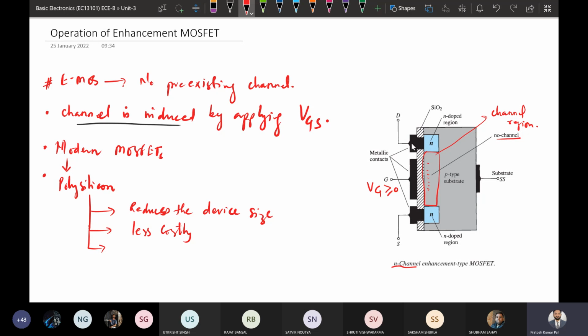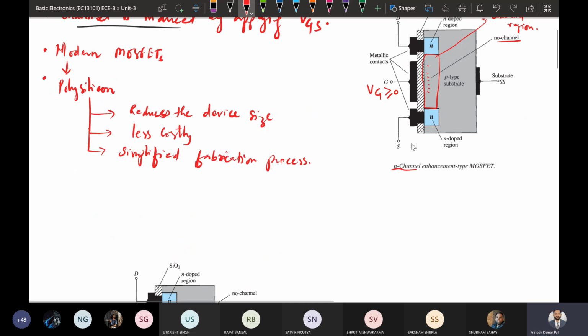So polysilicon provides a simplified fabrication process. There are different advantages associated with using polysilicon. Metals can also be used, but in modern MOSFETs, these metals are replaced by polysilicon.